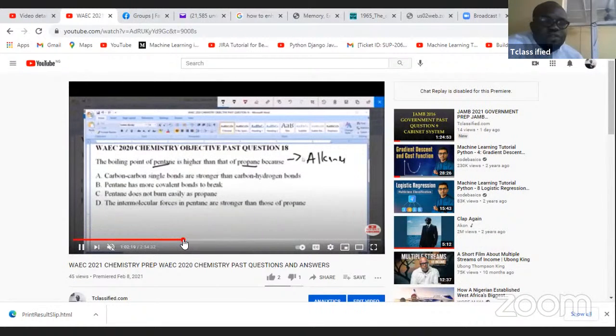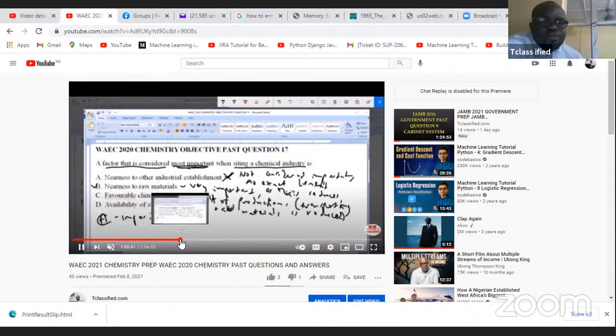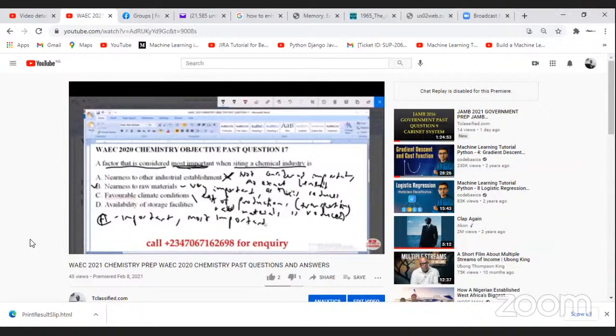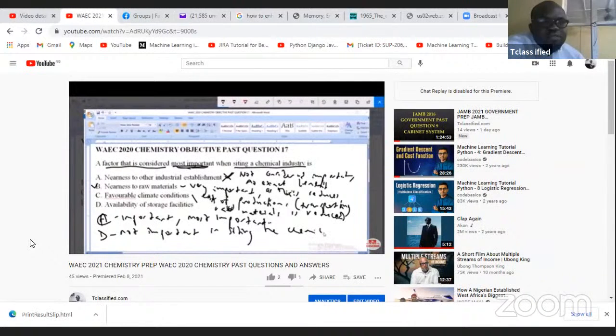So let's move over to question number 17. A factor that is considered the most important when citing a chemical industry is, so I put nearest to raw materials. Yeah, that's the most important.